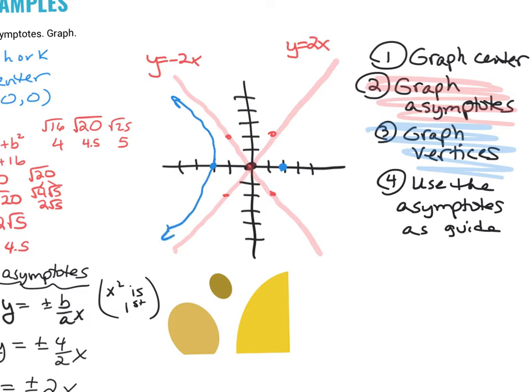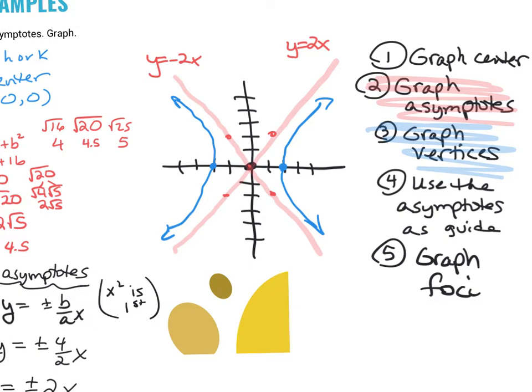I'm just making them skim along these asymptotes that are like boundaries or walls. And lastly, I'm going to graph my foci. Again, we can approximate their location.